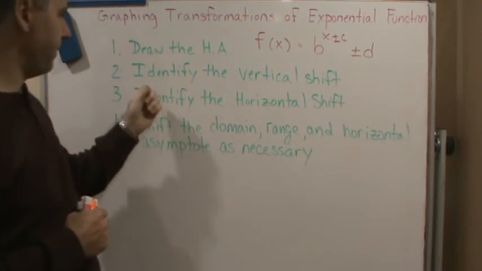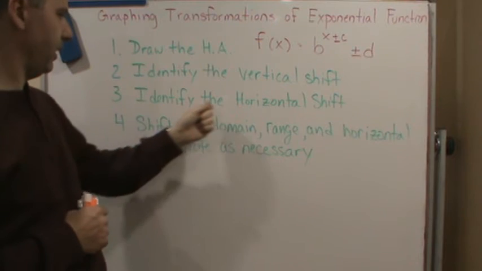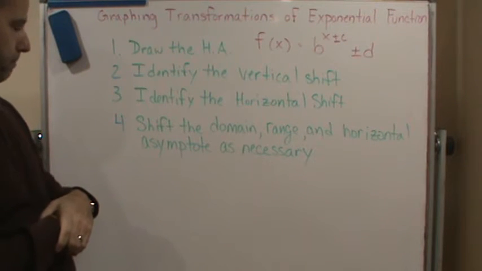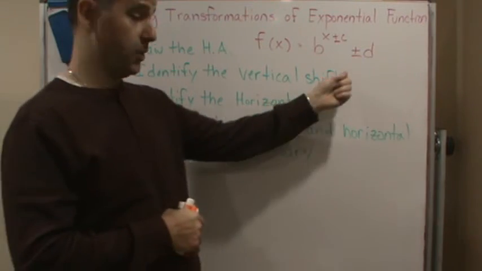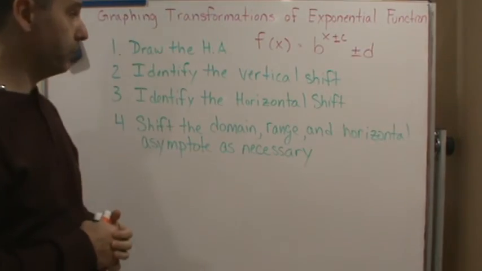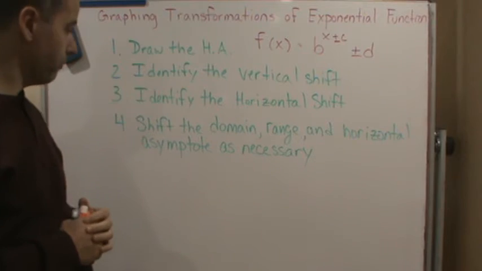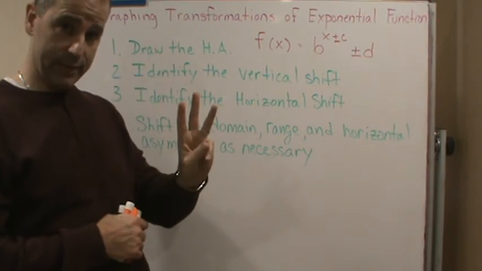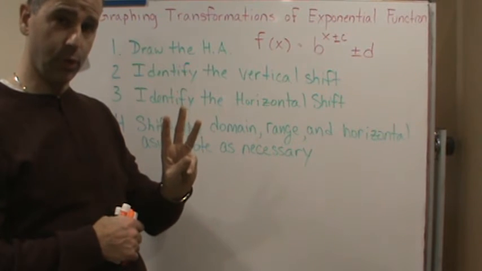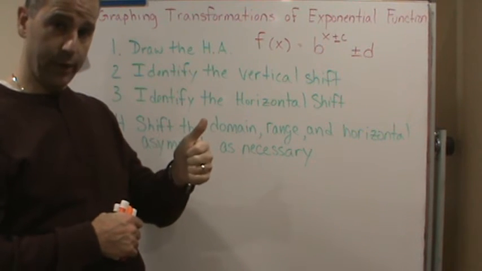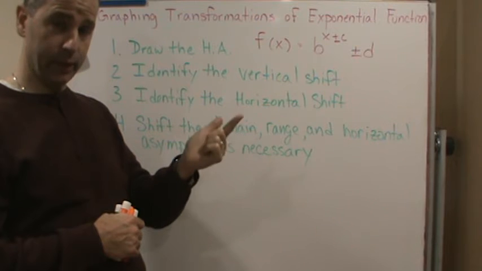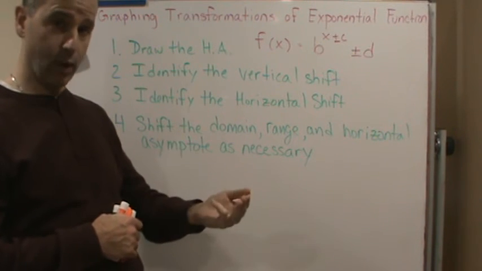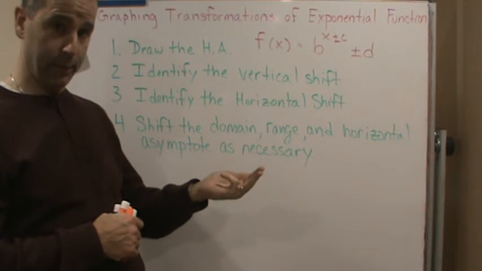Once you identify the vertical shift and the horizontal shift, then you do those corresponding shifts using the basic function, or those 3 points that the basic function always goes through: 0, comma 1; 1, comma b; and negative 1, comma 1 divided by b.